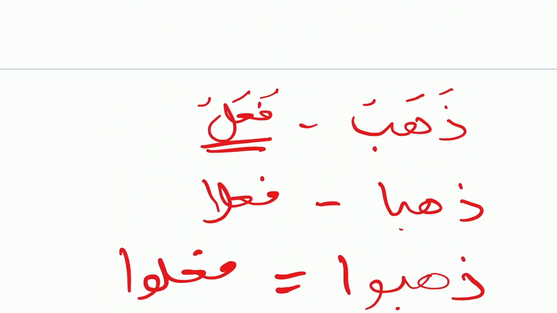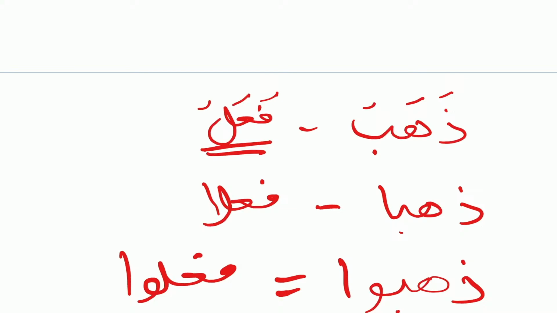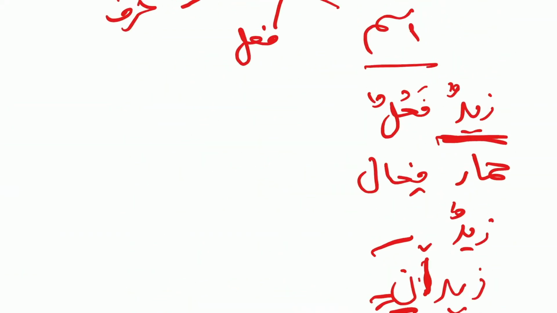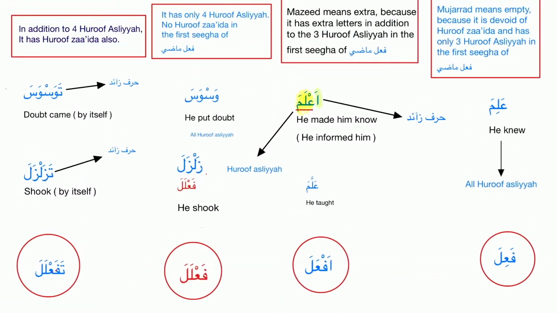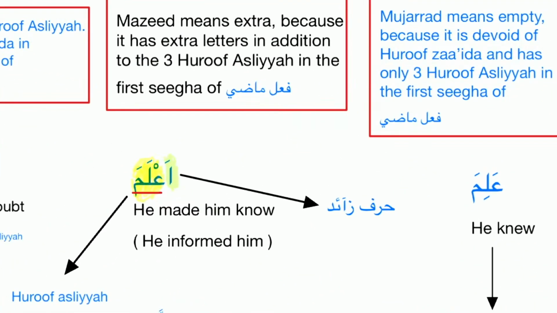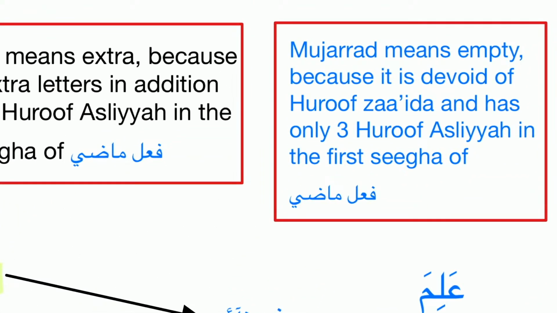And ذهب. So now, to define ثلاثي mujarrad, we say that fi'l which has only fa, ain and lam in the first sigha of the mazi. So all that explanation was what? When you read the definition of ثلاثي mujarrad, it will tell you that, look here. Mujarrad means empty because it is devoid of huruf zaida and has only 3 huruf asliya.